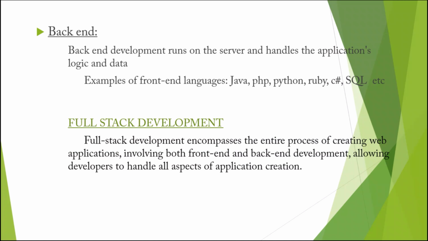Full stack development encompasses the entire process of creating web applications involving both the front end and the back end development. It allows the developers to handle all aspects of application, or what we're gonna put here rather is web creation.